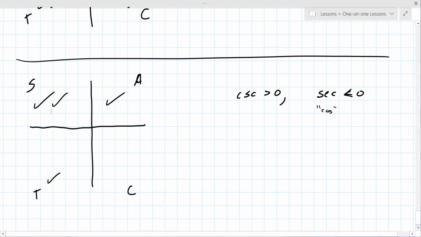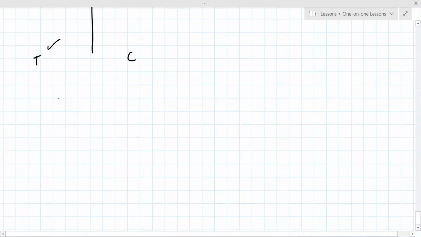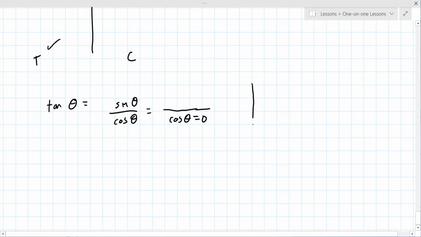Now let's talk about where certain things are undefined. Tangent of theta equals sine theta over cosine theta. This is undefined when the bottom equals 0. Do you know what a graph of cosine looks like? It starts up and then goes down, and looks something like that. So where are these two spots?